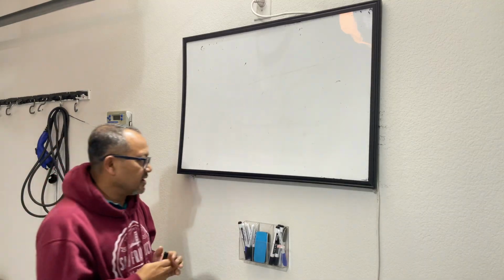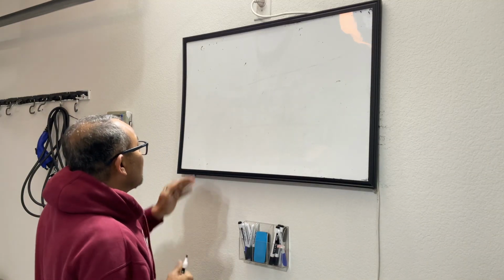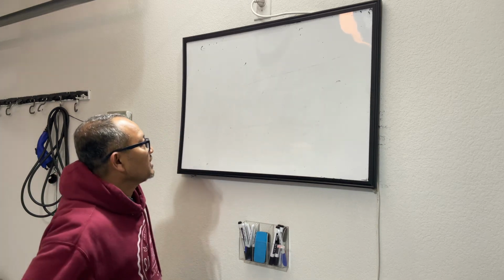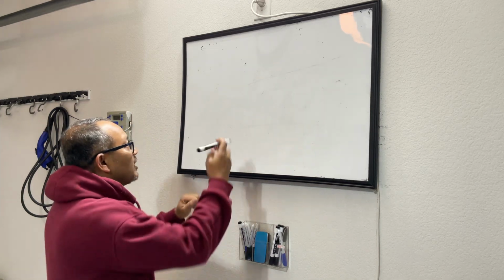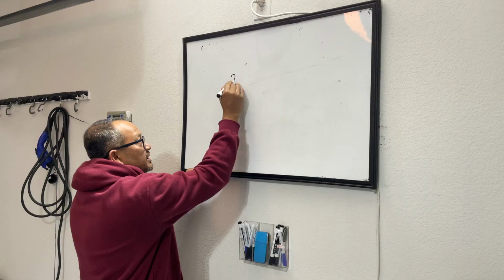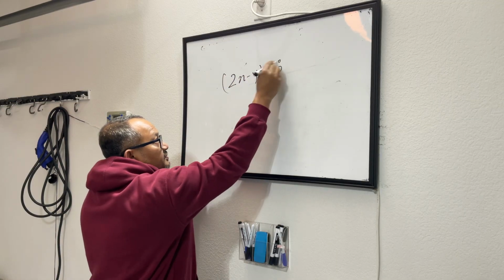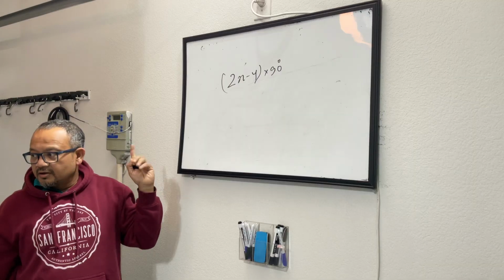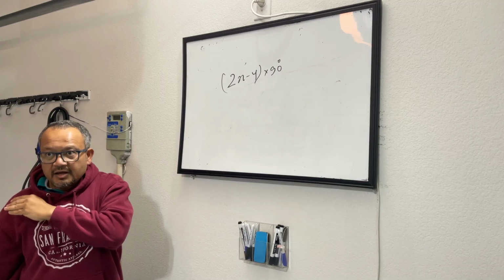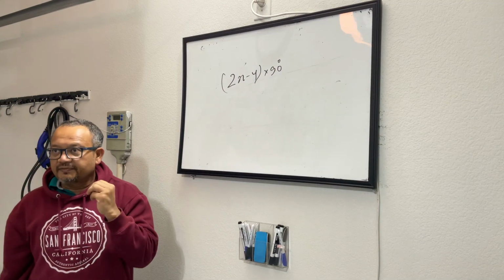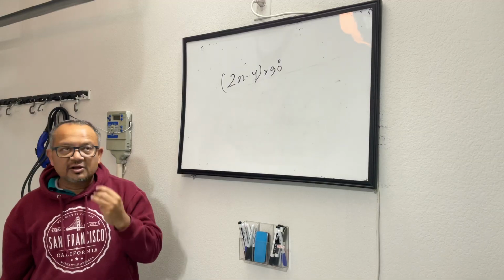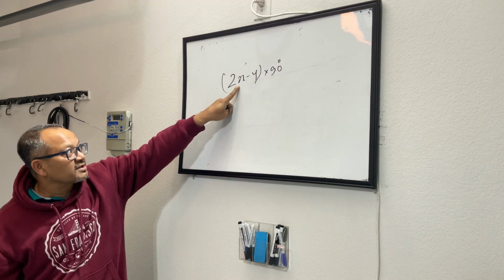That is the property. And then we talked about one magical formula which says the sum of all the angles of any polygon is (2n minus 4) times 90 degrees. That's how to find it for any polygon. So let's say if I'm talking about a triangle, I will put n equals 3.